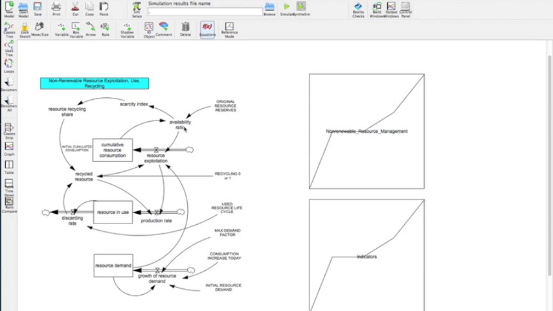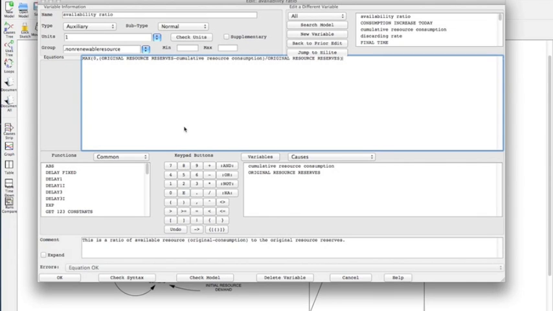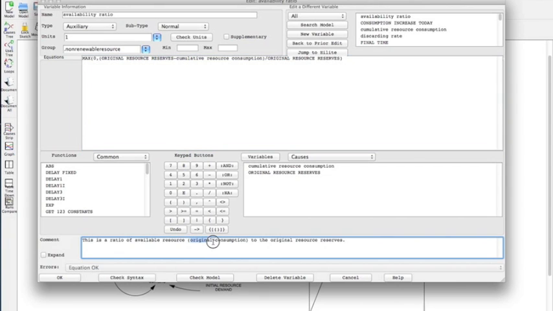That triggers the computation of an availability ratio, and this basically tells you what's the fraction of the original reserves that are still available, and the available resources are computed as the original resources, that 100 number that I showed you, minus whatever is consumed over time.